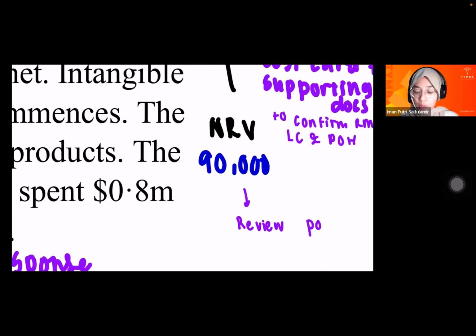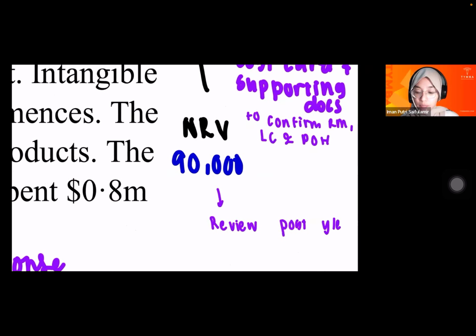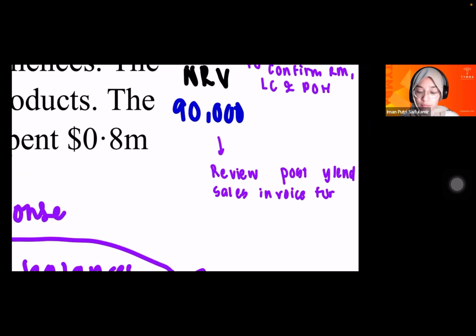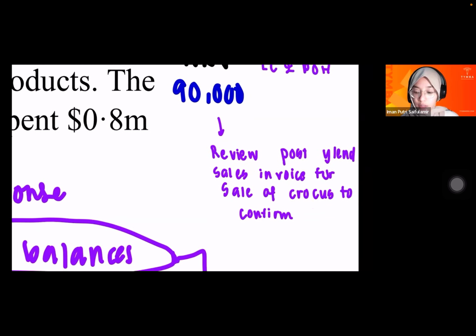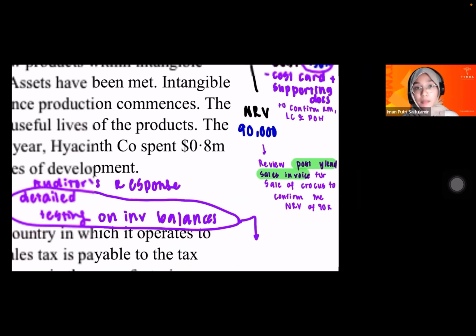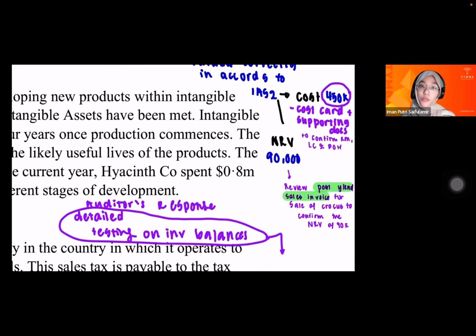Review post-year end sales invoice for the sale of Crocus to confirm the NRV of 90,000. I want to highlight the subject matter so you are clearer on the document you want to look into.